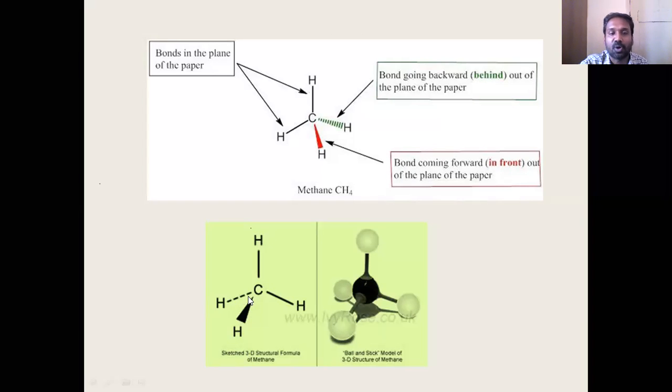Dashed line usage is more common than dashed wedge usage. Okay, fine. So whenever you come across such representations, a solid wedge and a dashed line, please remember this is a three-dimensional molecule, and the bonds correspond to the structure accordingly.